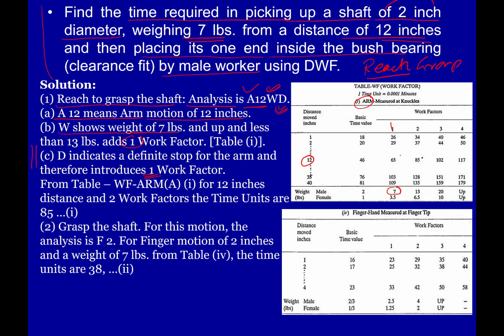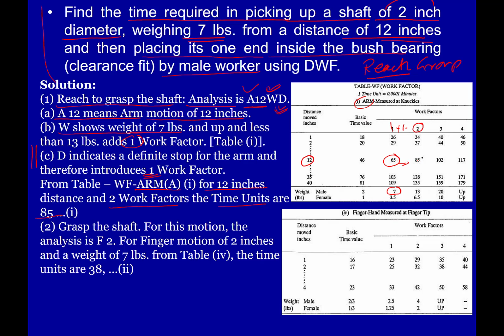So 1 plus 1 becomes 2. The time for the same activity, if there was no definite stop, would have been 65. But with the definite stop, from the table for arm A, 12-inch distance traveled, 2 work factors, the time is 85.